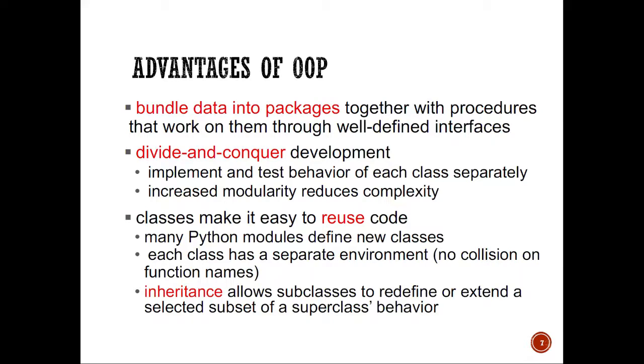Classes also make it easy to reuse code, through the different Python modules in which we can define these new classes, with each class having a separate environment. Additionally, inheritance allows subclasses to redefine or extend a selected subset of a superclass behavior, which we will be discussing in further detail at the end of this lecture.